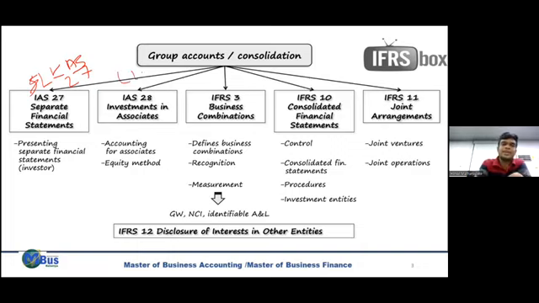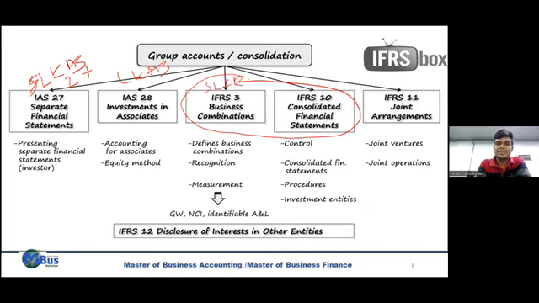And LKAS 28 talks about investment in associates, the accounting for associates and how to follow the equity method. Don't worry about these words, I will explain. Most importantly, these two standards matter when it comes to consolidation accounts.